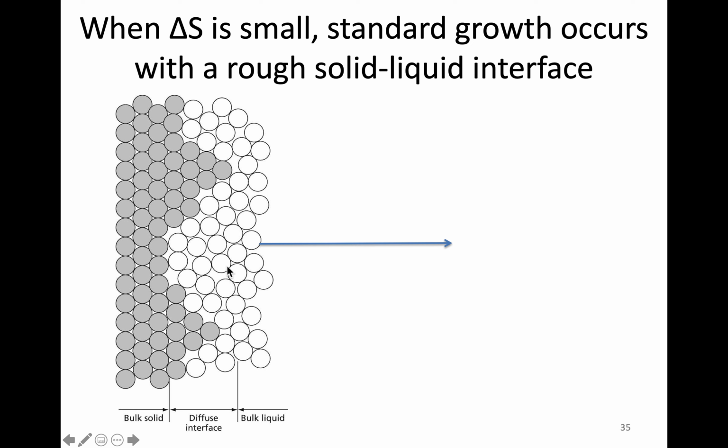And so what happens here is that the surface is very rough, and there's lots of little places where a liquid could attach to the solid, right? So all of these little contact points are places where the liquid can attach to the solid. And so it tends to happen quite uniformly, and so it grows out from the surface, perpendicular to the surface, as you can kind of see here. So this is known as standard growth, and it happens relatively fast.